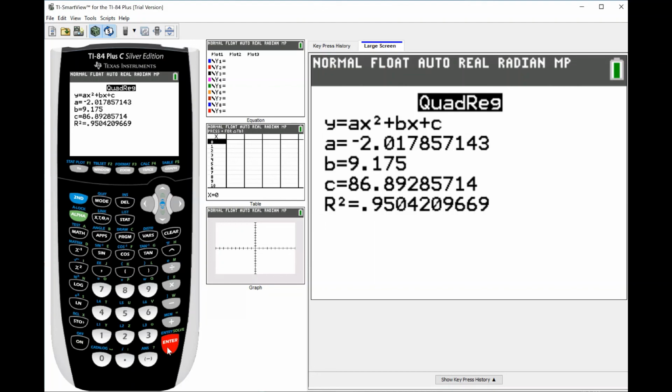Y is approximately negative 2.02 x squared plus 9.18 x plus 86.89. Value of r squared is 0.95, which is clearly closer to 1 than the r squared for the linear regression, which means the quadratic equation best models the data because the value for r squared is higher.